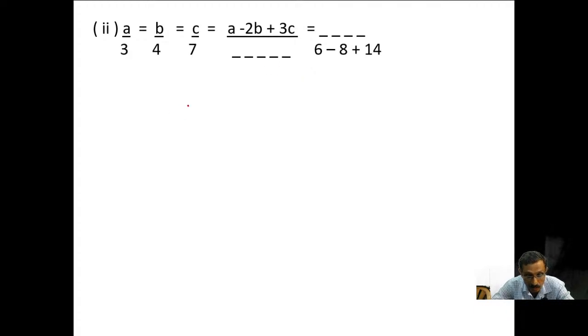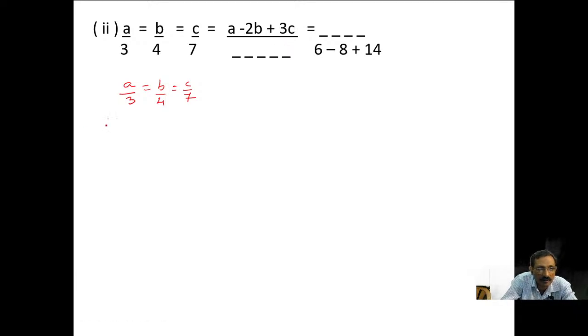As I said to you, what is given to us? a upon 3 is equal to b upon 4, which is equal to c upon 7. Now, if you look here, we have a minus 2b and plus 3c.